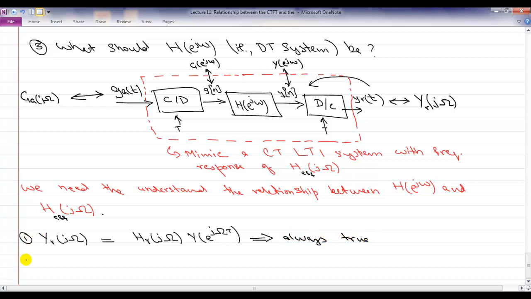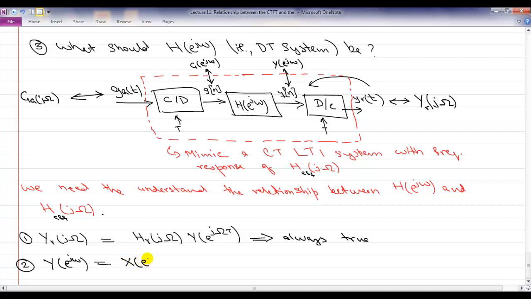Now let's look at the relationship between the output of the discrete time LTI system and its input. The output of a discrete time LTI system is simply the input Fourier transform multiplied by the frequency response.